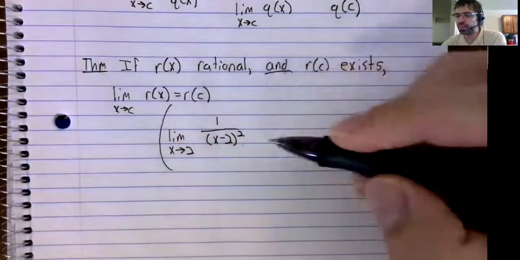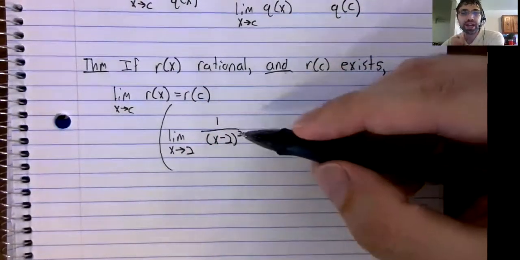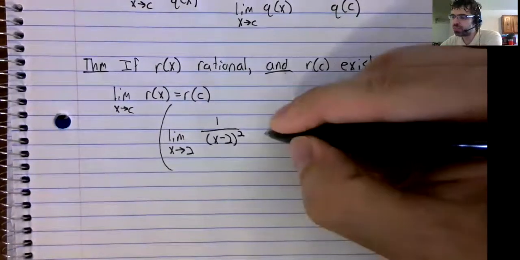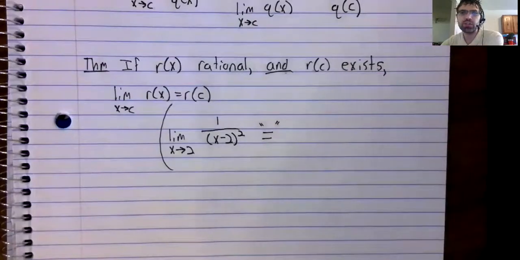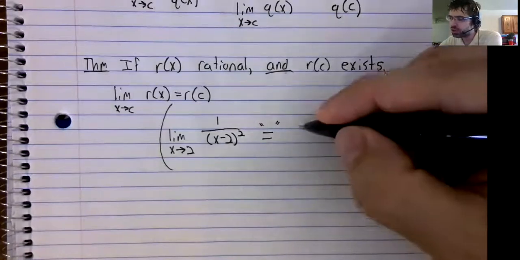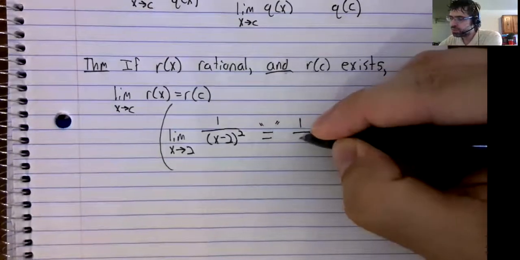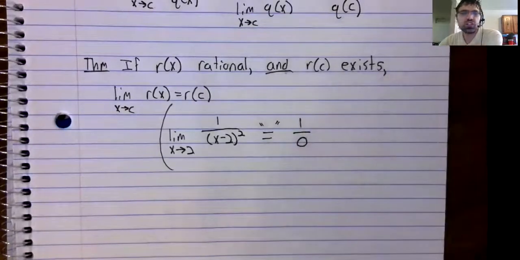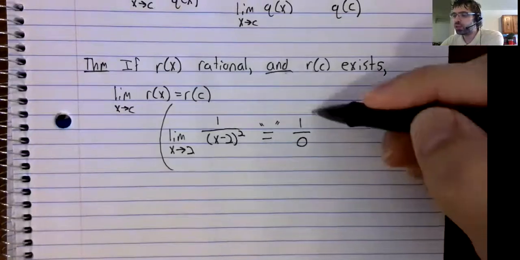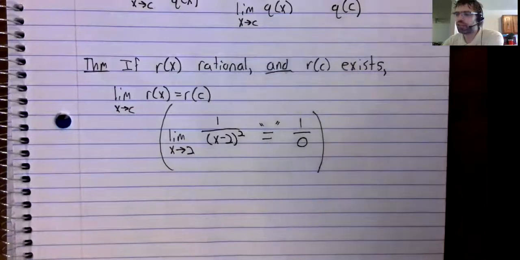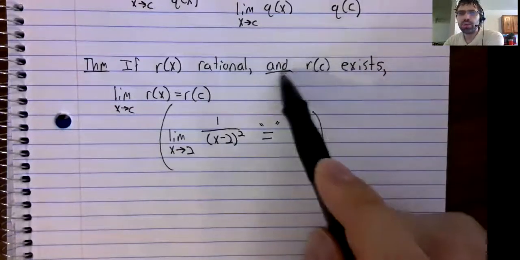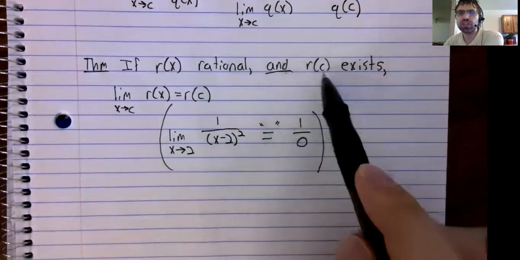And I believe in particular this rational function. And if you try to use this theorem without any thought, you get a division by 0 error. So this theorem doesn't apply to every rational function. We have this extra condition.